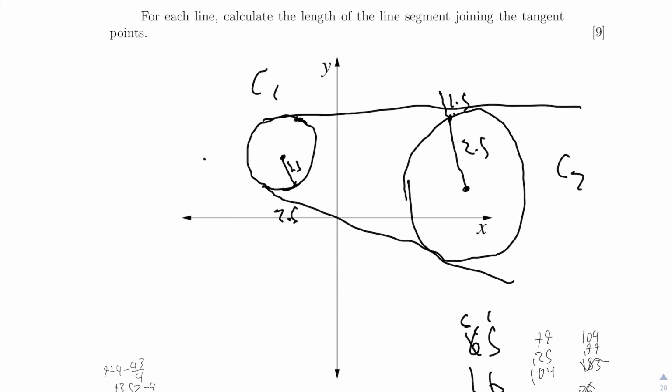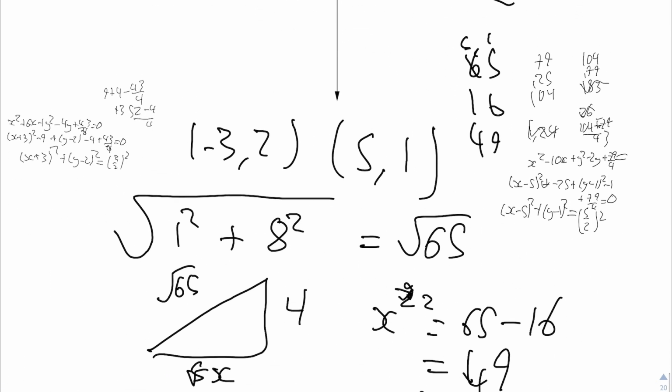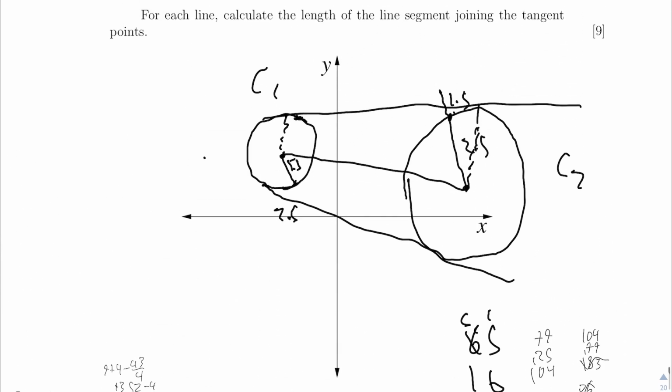So we have this line here, connecting them, and then we have this here, connecting them, where the length between the centres is root 65, I believe. Yeah, this is root 65. I mean, this is 90, and that is 90.